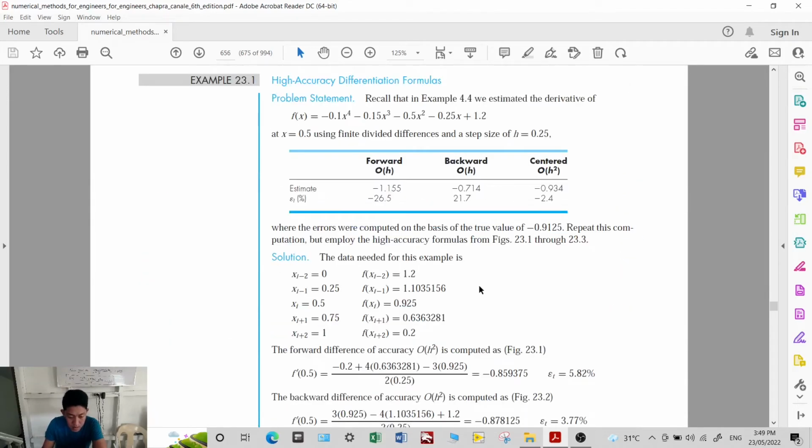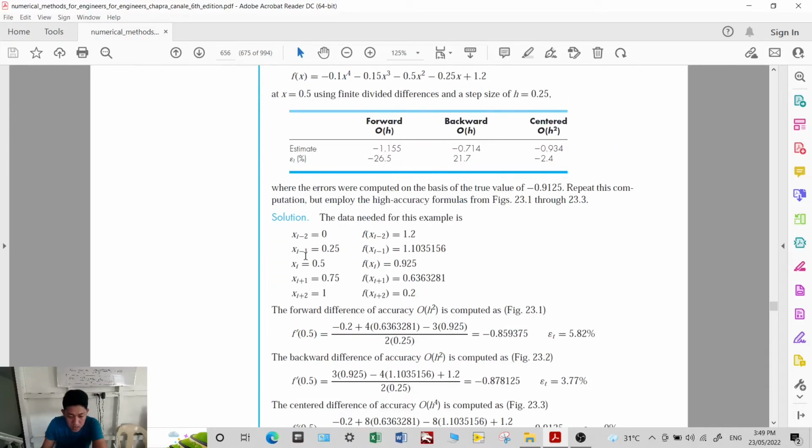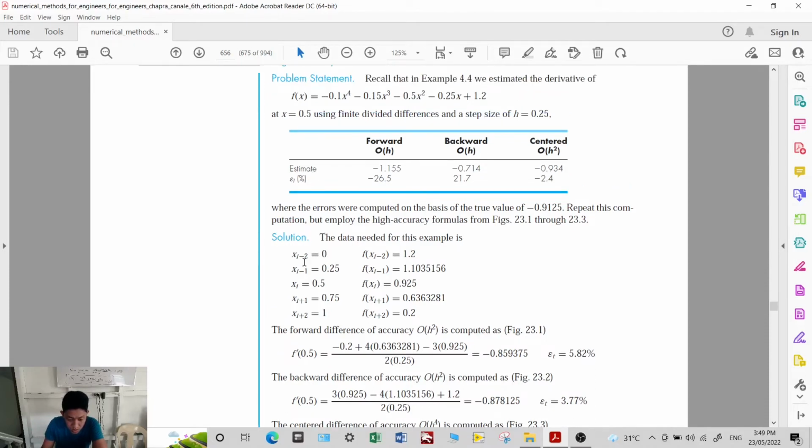Okay, so let's do that. What you will need are the values of these functions. I hope that you are now familiar with how to determine what x sub i minus 2 is. For this example, x sub i minus 2 is 0. Why?